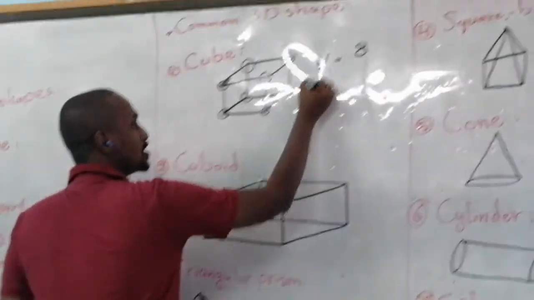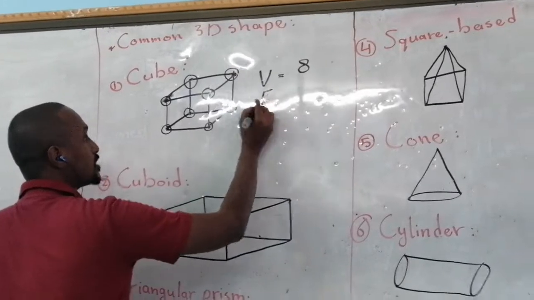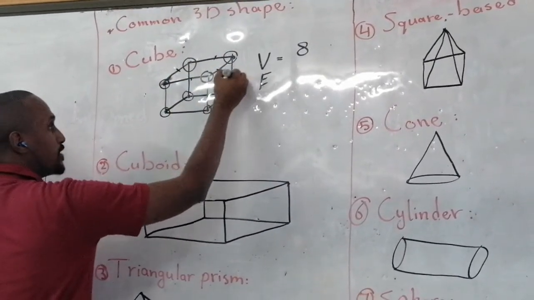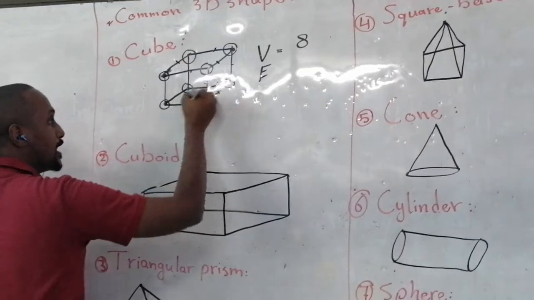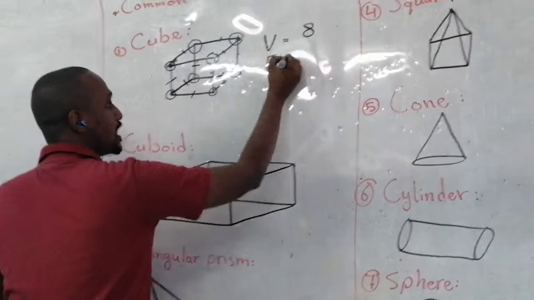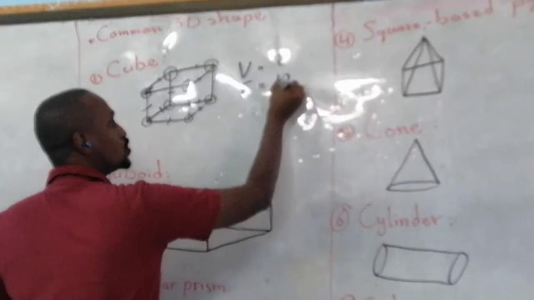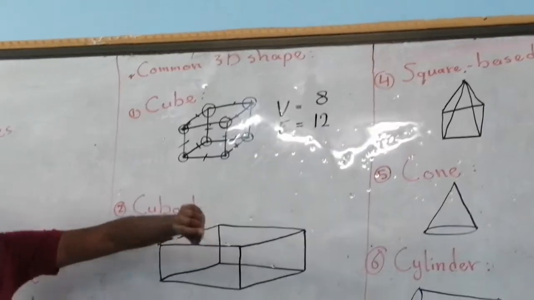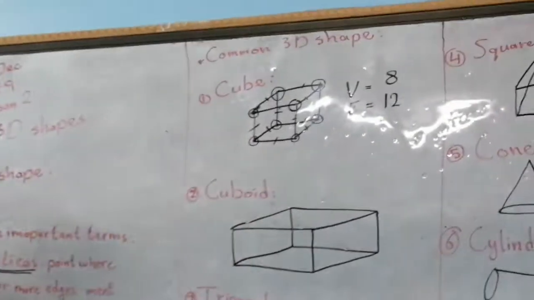So how many edges? Let's count. 1, 2, 3, 4, 5, 6, 7, 8, 9, 10, 11, 12. That means it has 12 edges. The cube has 12 edges.